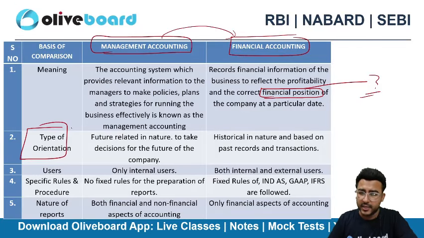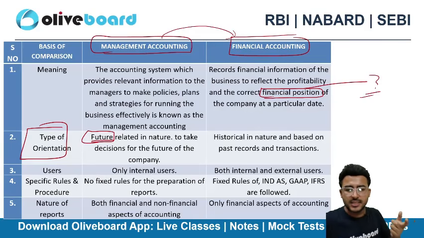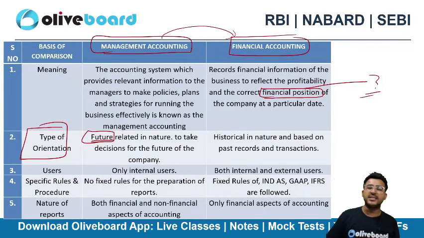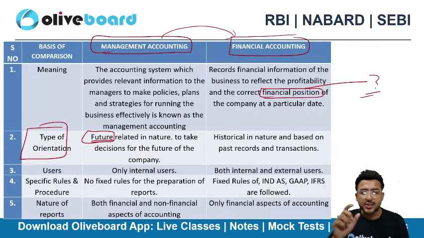Orientation, if I talk about orientation, management accounting has a future orientation. We want to take future decisions. So we need future oriented decisions, right? Whereas financial accounting is historical in nature, and that we have already studied in the first or second class of commerce and accountancy, that historical cost concept.